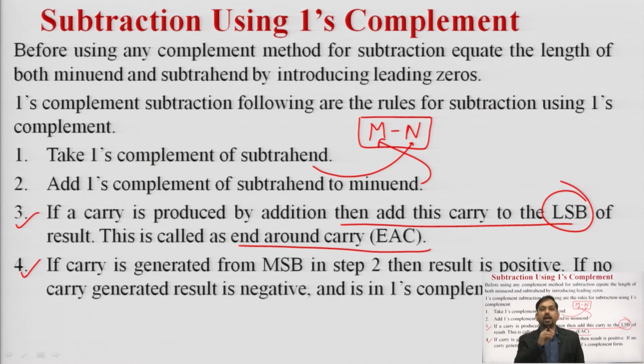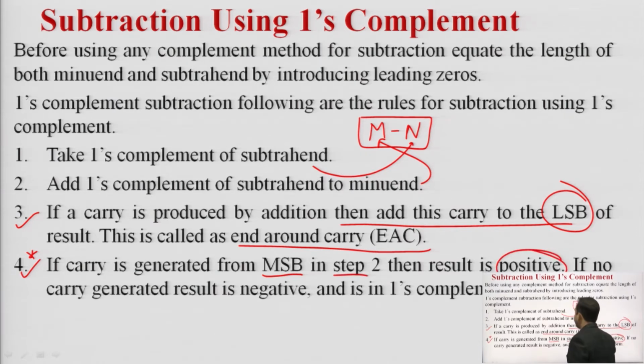And the fourth point is very important: if carry is generated from the MSB in step 2, then the result is positive. If no carry is generated, then the result is negative.